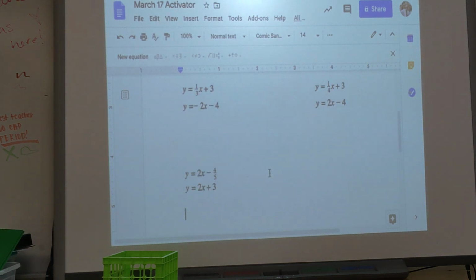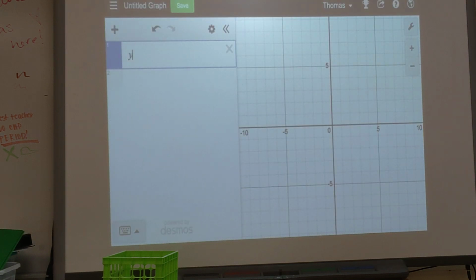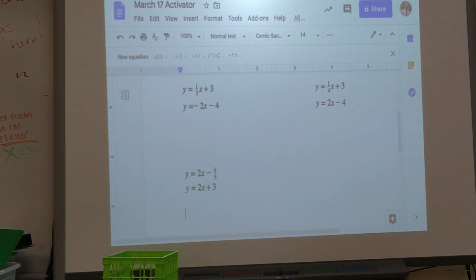My next one is y equals 1/3 x plus 3, and y equals negative 2x minus 4. So I come over to Desmos, y equals 1, and then I hit my slash key, 3x plus 3.